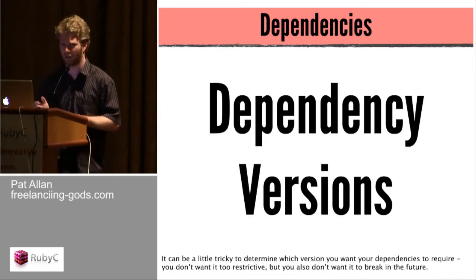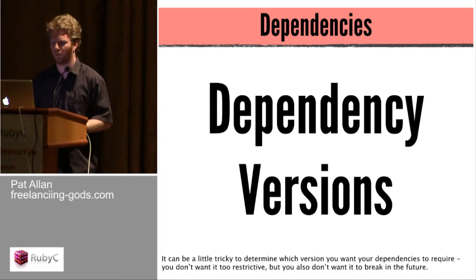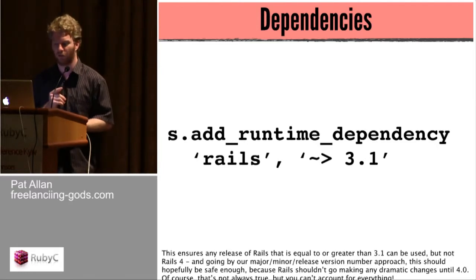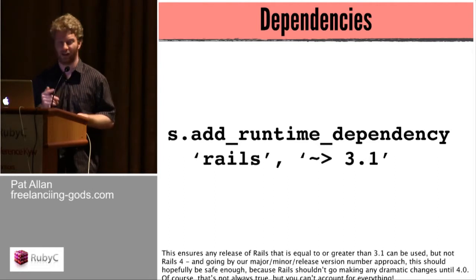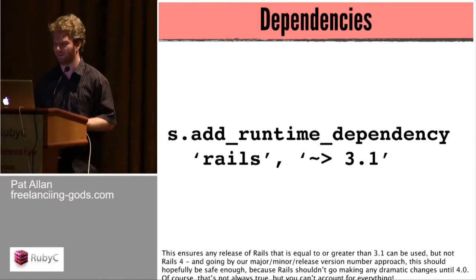Now, these dependency versions, specifying exactly what is a bit of a dark art. I'm still trying to figure out what's best here. But I would recommend for runtime dependencies to generally go with the squiggly arrow. Now, if you're not familiar, and to be honest, I don't even know if that's the widely used terminology. Everybody seems to call it something different.